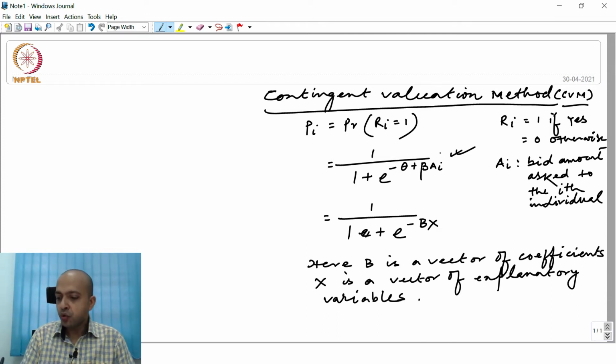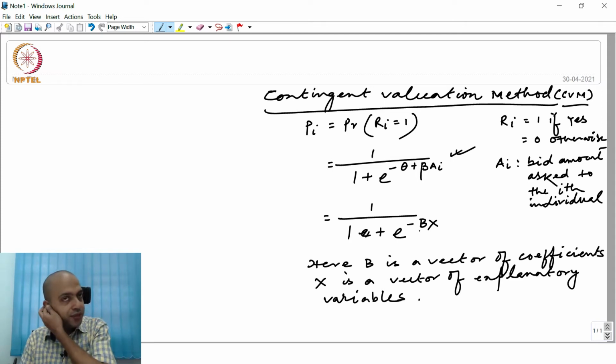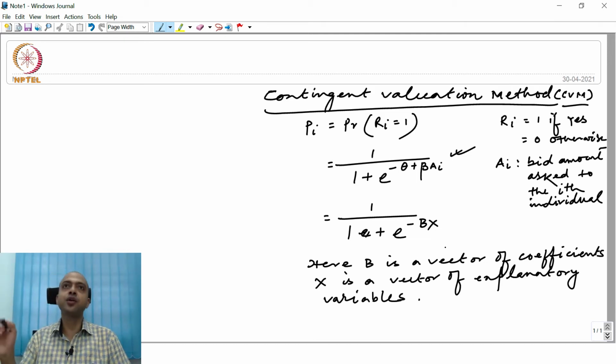That is why, while in our model it is only beta, in the model used in the empirical paper which I am going to share with you, they have used capital B, which is a vector of coefficients, right? That means you will have beta 1, beta 2, beta 3, up to beta k. Similarly, here in this model you have only one explanatory variable Ai, while in the paper they have used capital X, which is again a vector of explanatory variables, right?